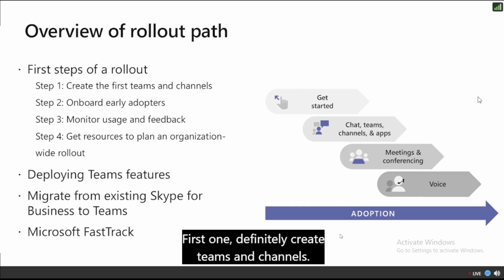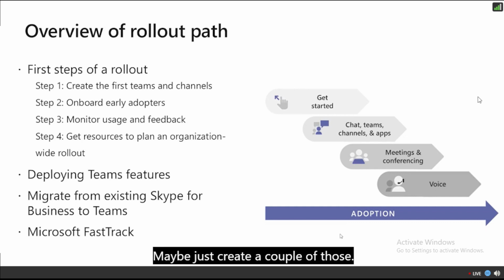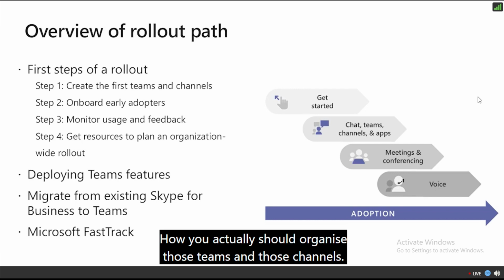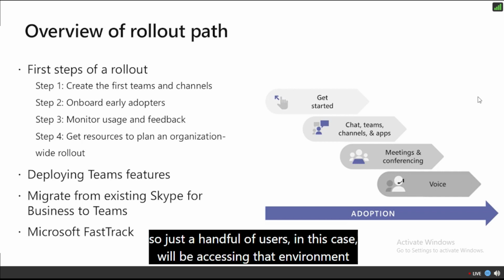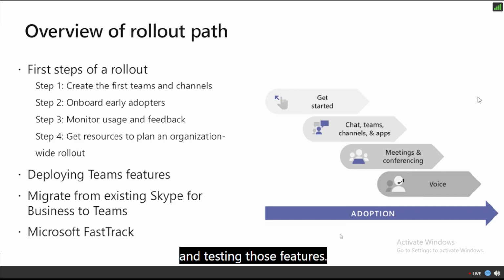First, create teams and channels. As you get started, maybe just create a couple of those, so people can familiarize themselves and maybe provide feedback on how you should organize those teams and channels. The second step will be to onboard early adopters. Just a handful of users will be accessing that environment and testing those features.